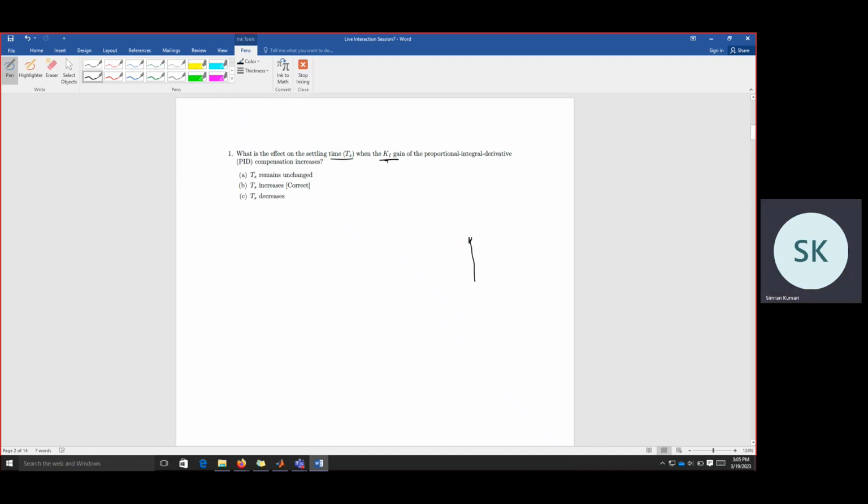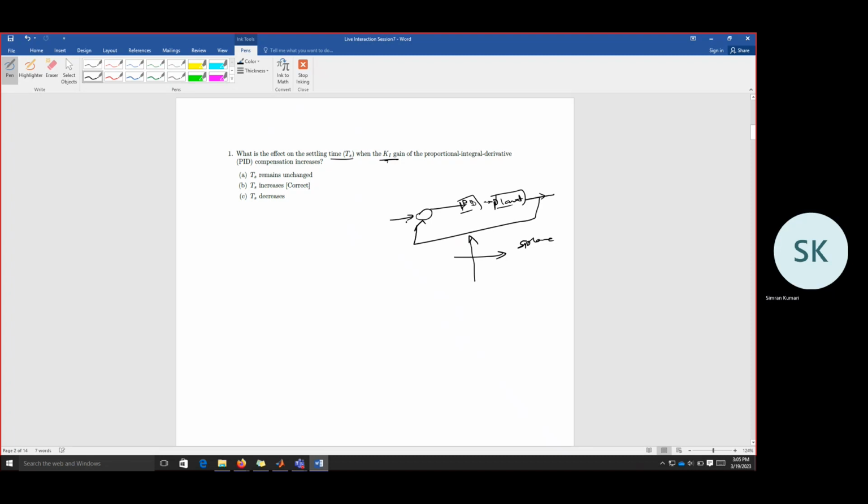If this is the S plane, and we have an integrator in the forward path, suppose a PID controller and a plant with this feedback, the effect of this integrator is that it shifts the root locus towards the right.